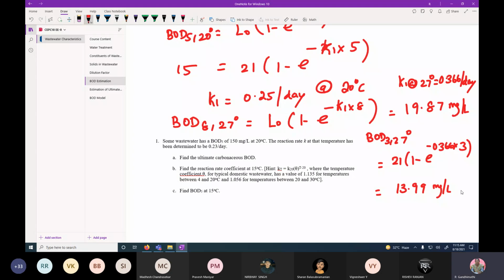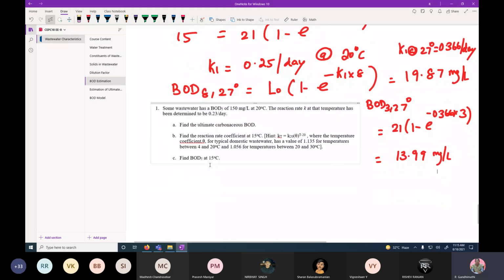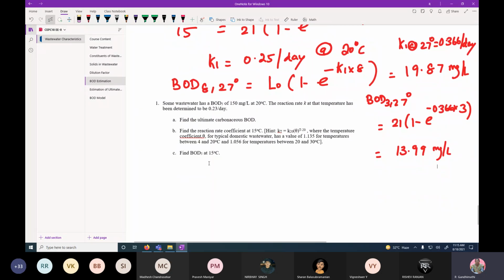Okay, it's fine. Then please note down the next problem. Some wastewater has a BOD 5 of 150 milligram per liter at 20 degrees Celsius. The reaction rate K at that temperature has been determined to be 0.23 per day.